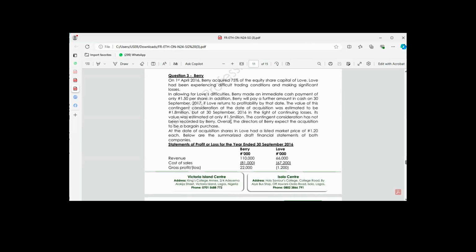But what I just need from you is to know the types of cost of investment for now: it can be cash, it can be share, it can be deferred, it can be contingent, it can be loan notes. And all the 5 costs of investment must be known to you, with the implication whether it is recorded or not.